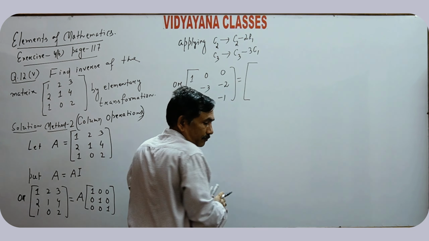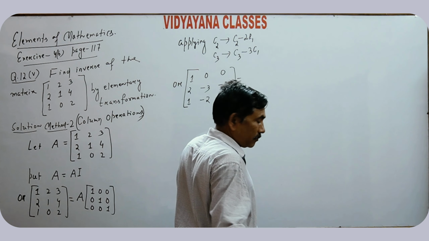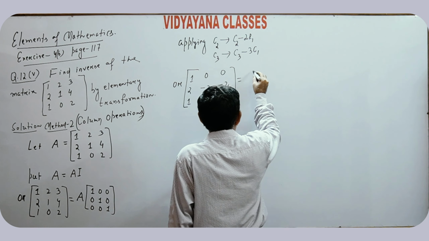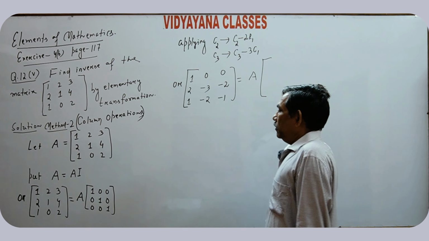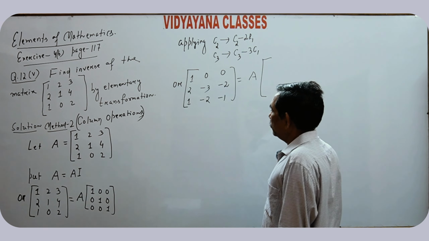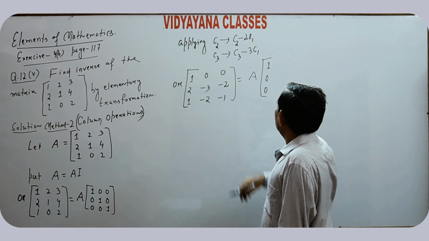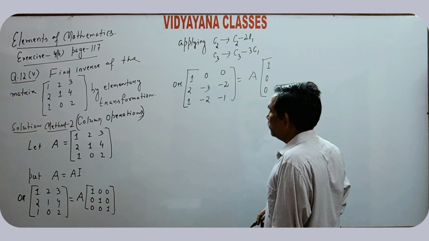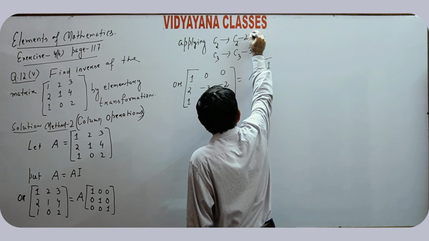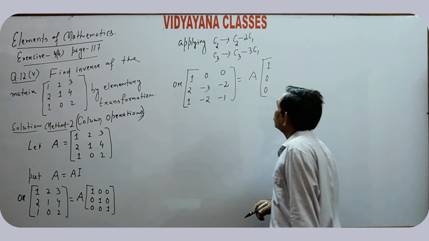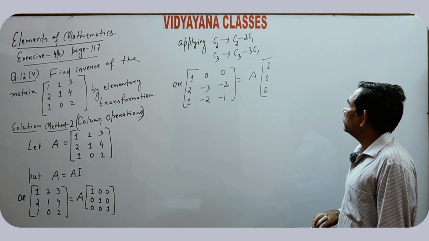A into column 2 is replaced by C2 minus 2 times column 1, C1.